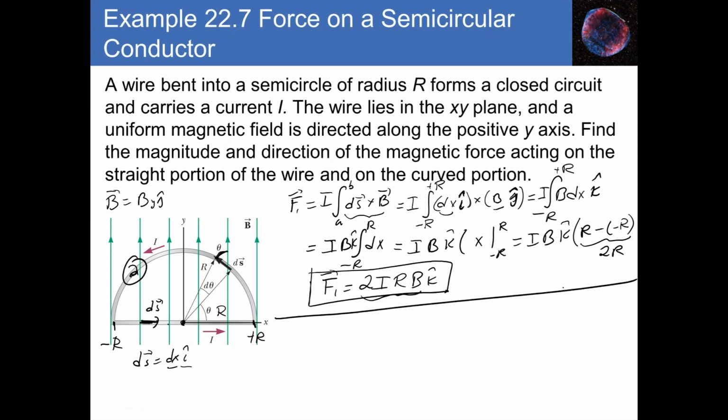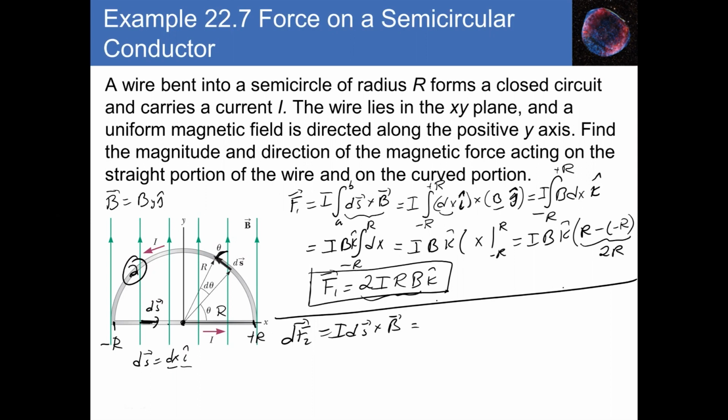If I'm looking at the contribution to the curved part, which is the second segment, then I have I ds cross B. I have to deal with the component of my ds.